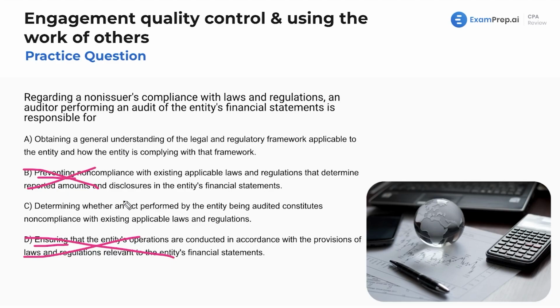That's what you're doing. Now, what about determining whether an act performed by the entity being audited constitutes noncompliance? I think that's a little less deterministic. And then what about obtaining a general understanding?